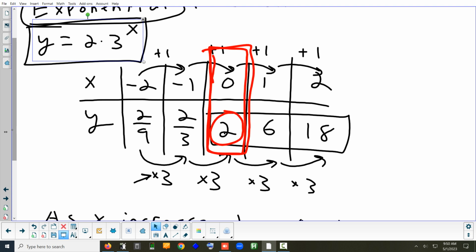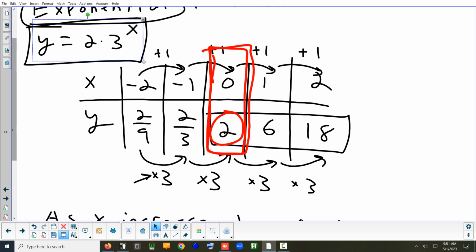What's the B value? 3. So does anyone think they see where a 3 came up when we did this? Three is involved in this problem, in this whole table somehow. It's not a number in the table, like A is, but it is something to do with the table.